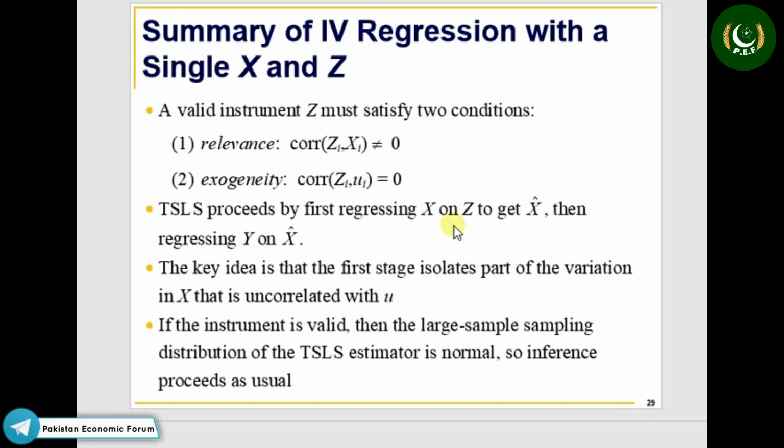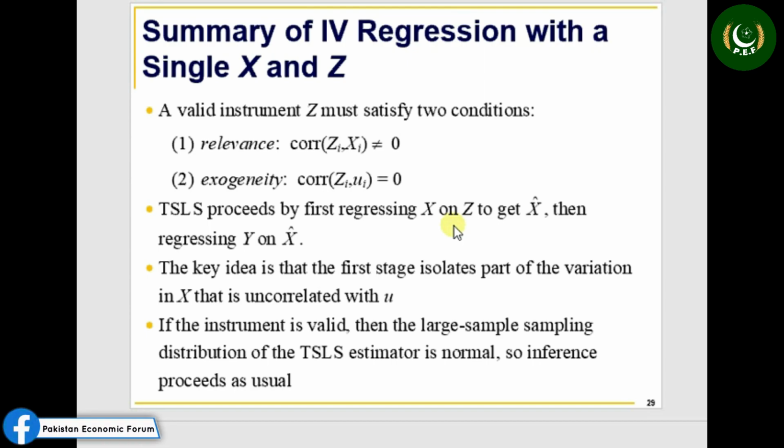At the first stage, you will try to get X hat, and at the second stage, you will regress Y on X hat instead of regressing Y on X as in OLS. Standard statistical inference remains the same. Instead of estimating stage by stage, use two-stage least squares directly.